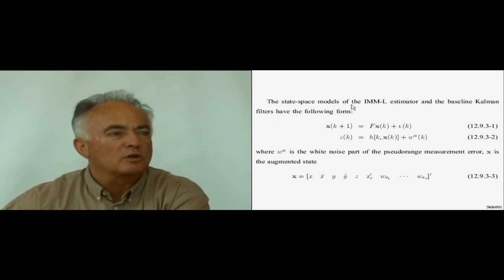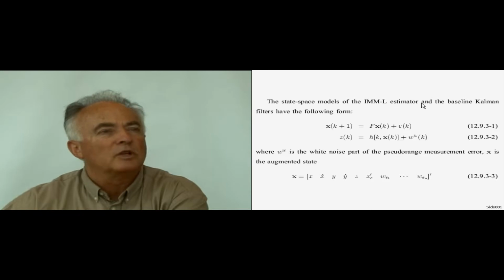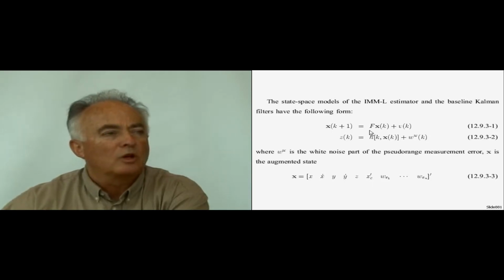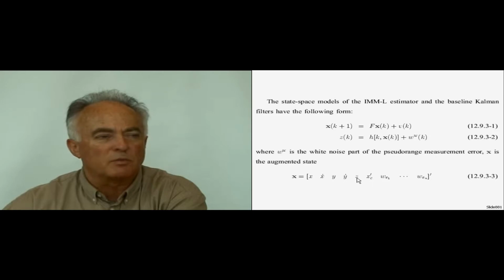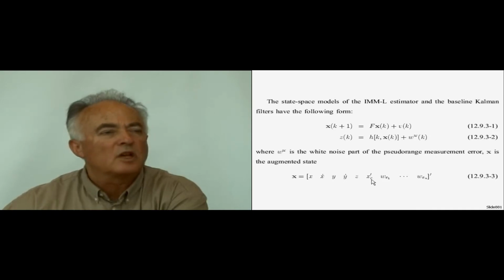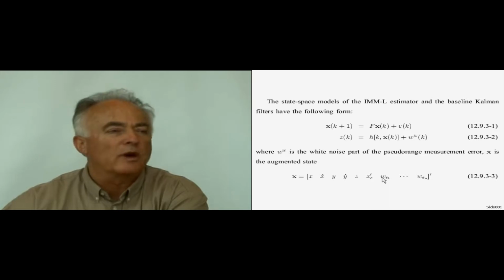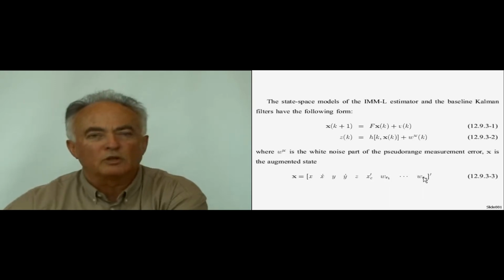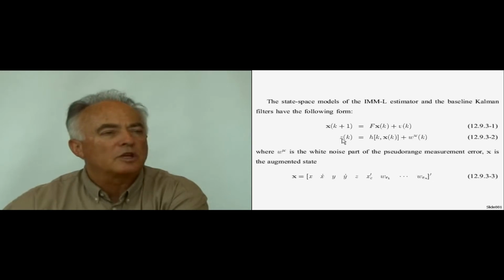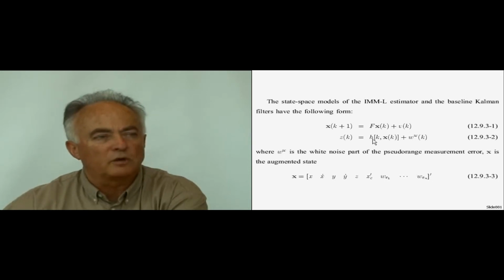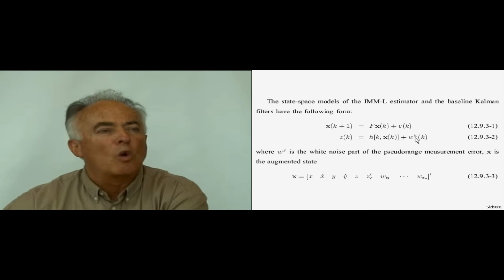The state space models for the IMM-L estimator and the baseline Kalman filters have the following form. That's a linear state equation, with the state vector x now being x position, x velocity, y position, y velocity, z position, clock state, and then the n satellite autocorrelated noises. The measurement z_k is the nonlinear function h of the vector x at time k plus the white noise part of the pseudo-range measurement.